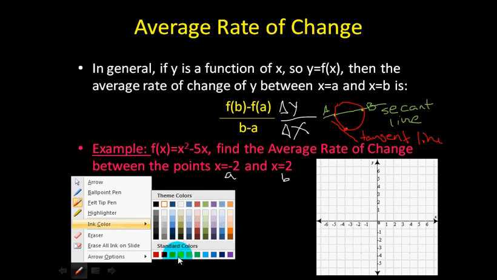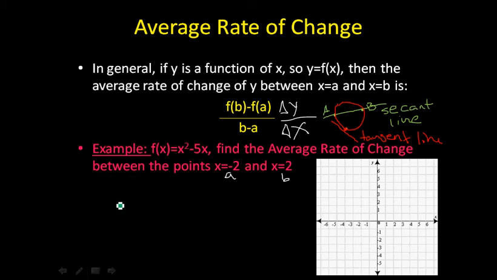We'll start with it analytically. So we first need to find f of negative 2. So that equals negative 2 squared minus 5 times negative 2.